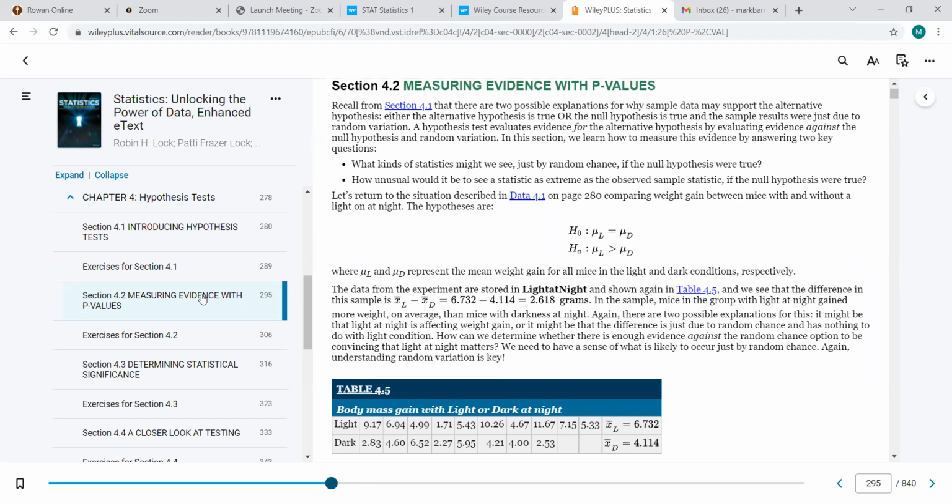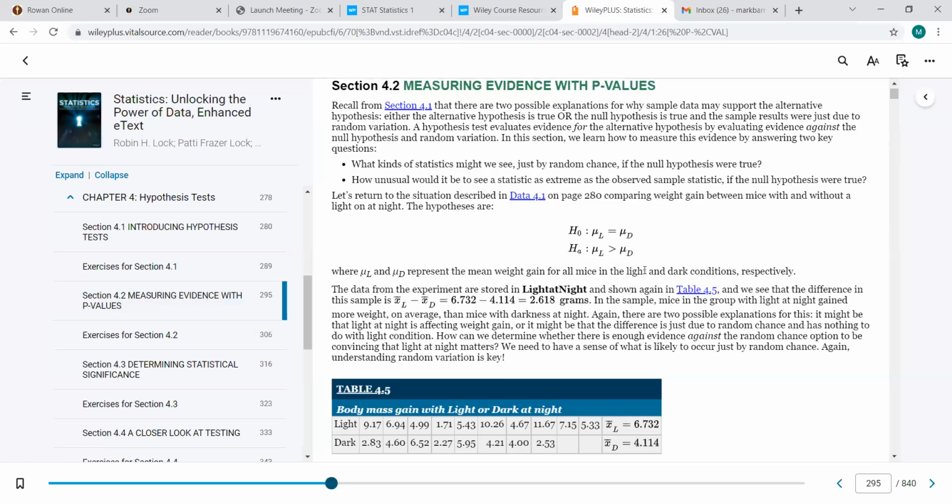All right. Now we're going to go back to the case where we have two hypotheses for the two groups of mice. Remember the light group and the dark group. The light group is where they put the light on dimly at night for the mice getting that treatment. And then the dark group, they just turn the lights off.